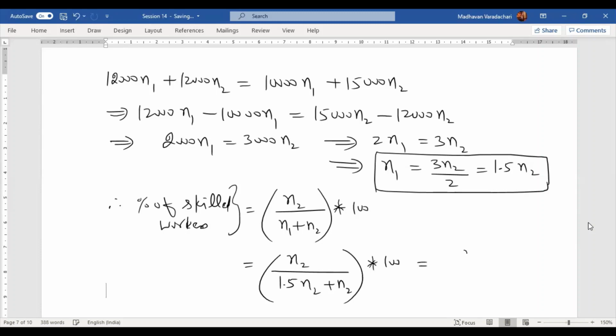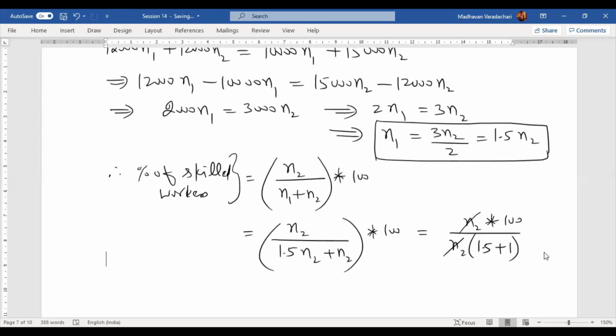Now in the denominator the common is n2, let me take it outside. So you will have 1.5 plus 1 here into 100. I can cancel this n2 and n2. 100 by 2.5, how much is it? 40%. So that is the solution for this particular problem.